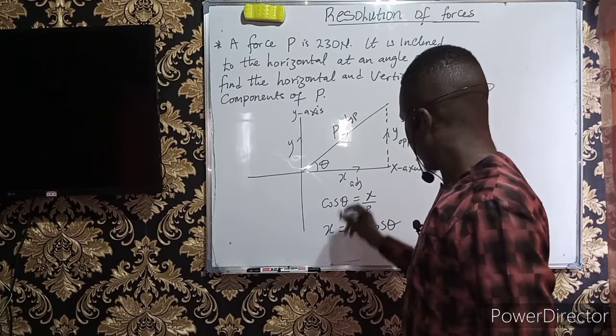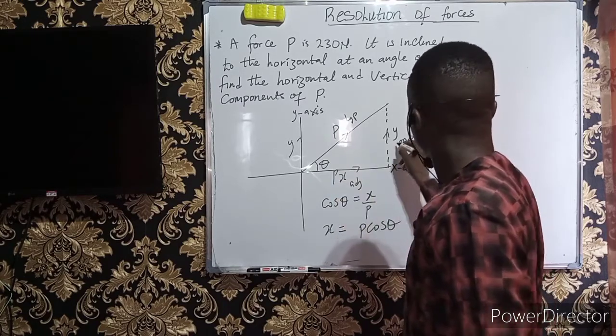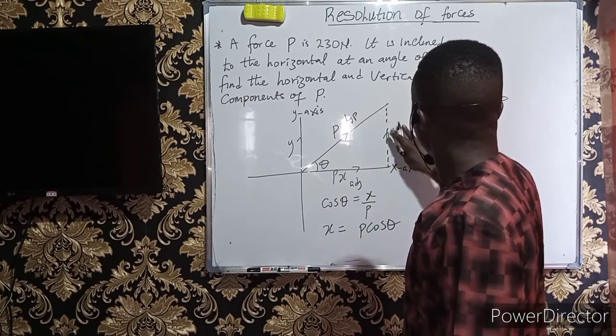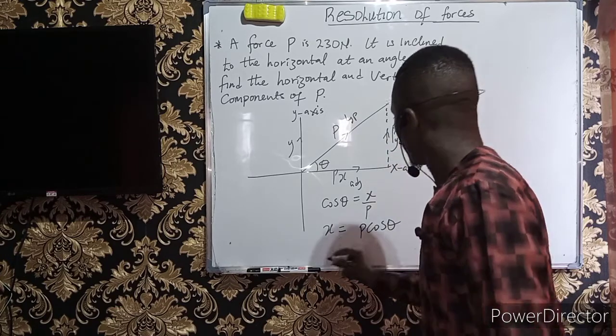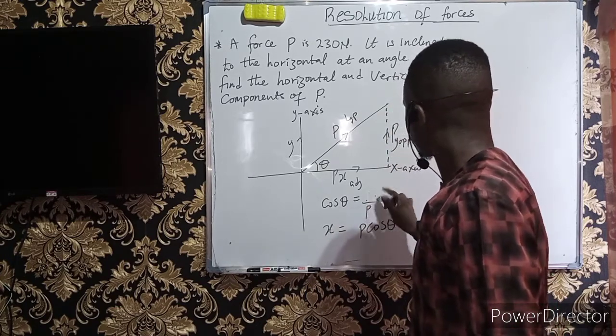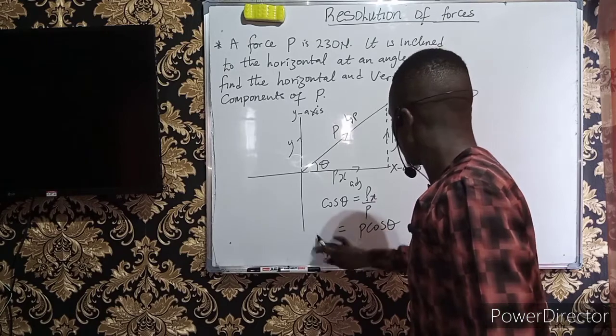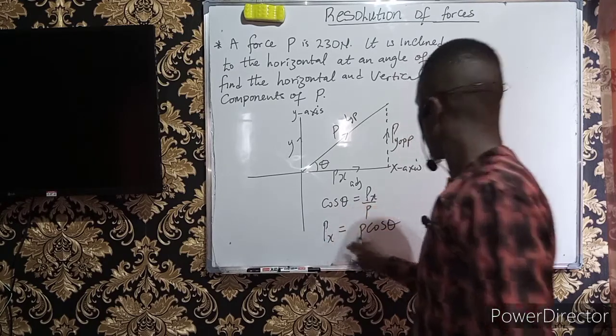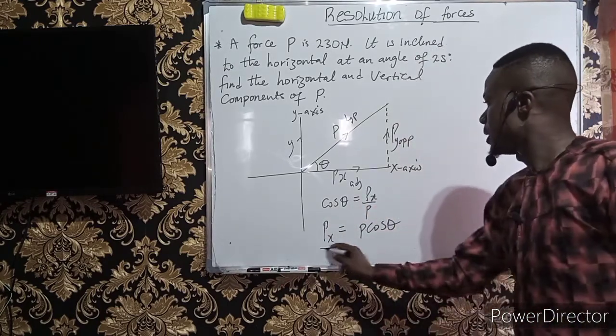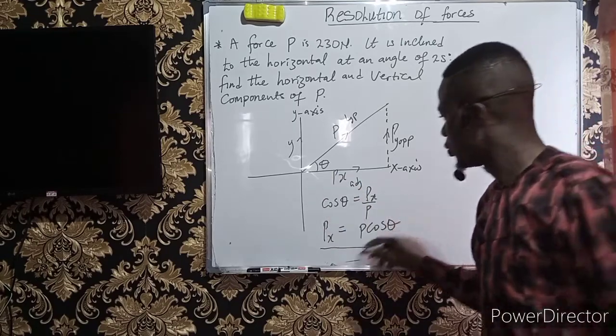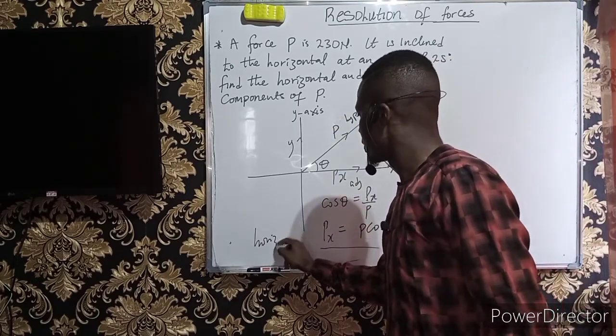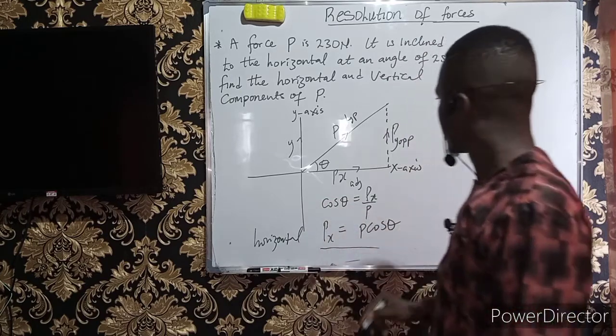Let's say the force here is Px, while the force here is Py. So my Px is P cos theta for the horizontal component, because the x-axis is the horizontal component.